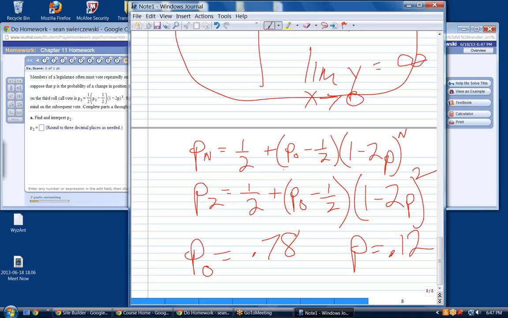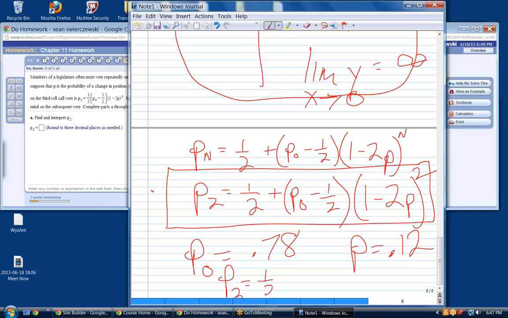So we should be able to substitute everything in for that. So P sub 2 equals 1/2 plus 0.78 minus 1/2 times 1 minus 0.24 squared.